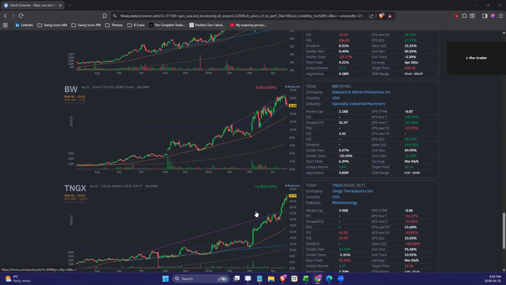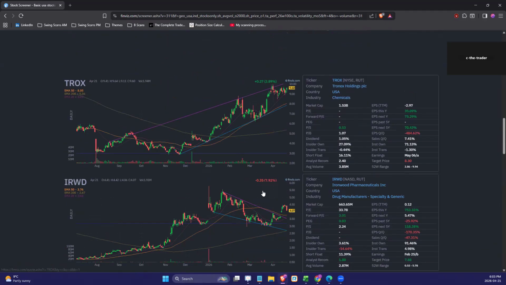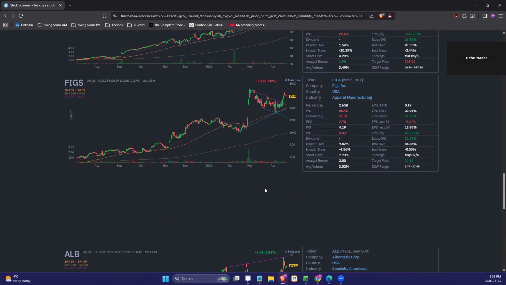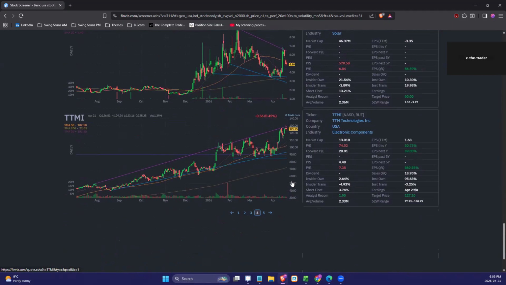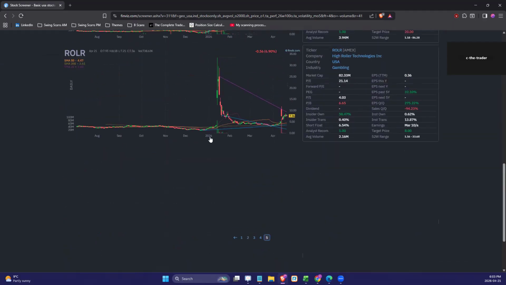What else? Biggs tried. This one's getting tight. Okay, so that's all the scans.